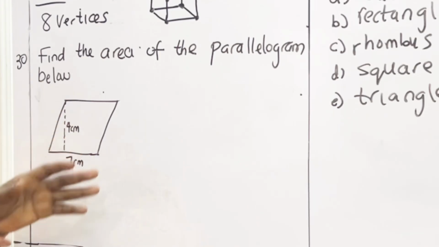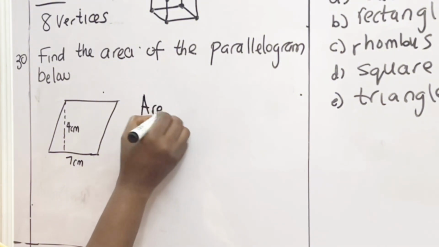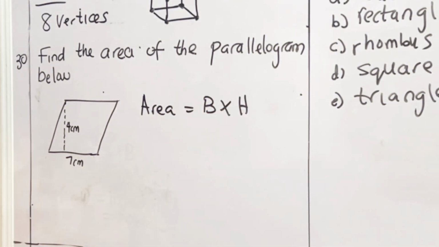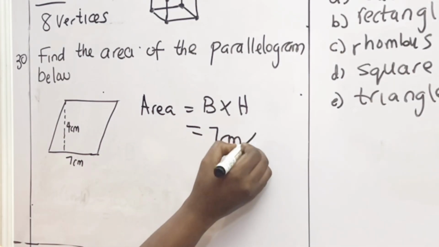Okay. So the next question says, find the area of the parallelogram below. This is a parallelogram. The area of a parallelogram is base times height, just like we have length times breadth in a rectangle. So what is the base? The base is 7 centimeters.